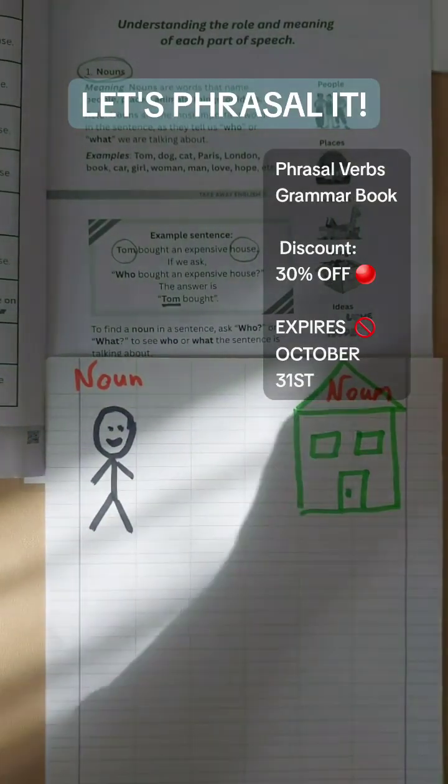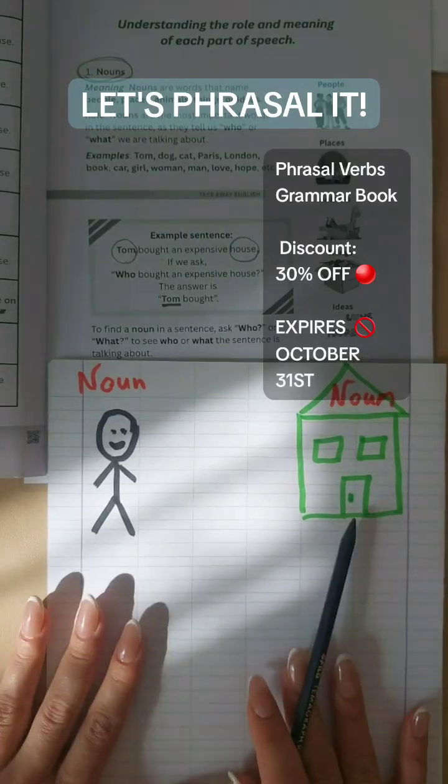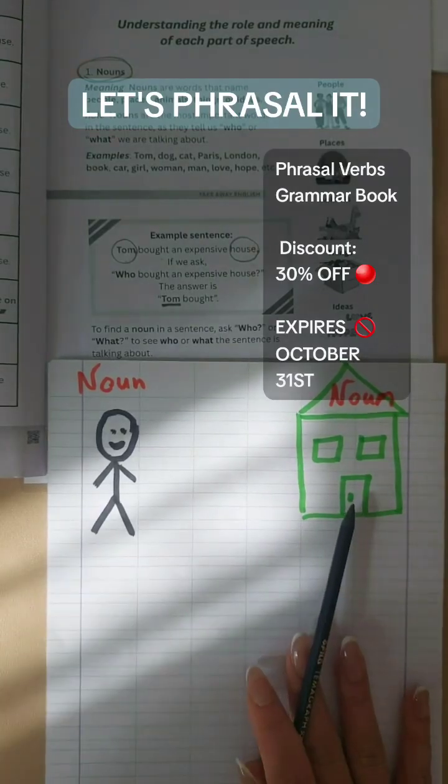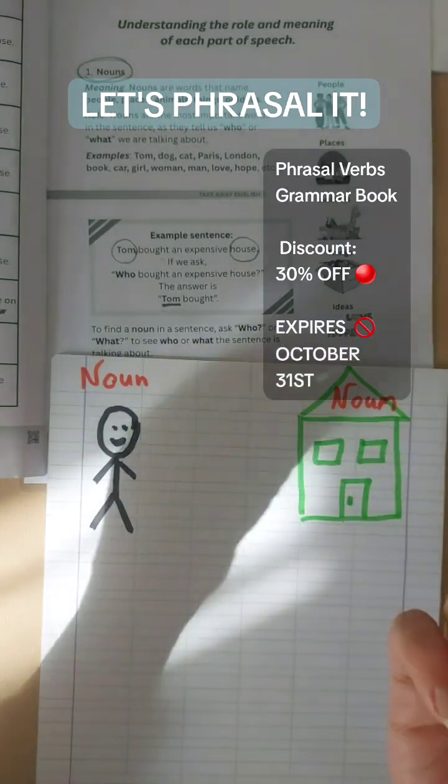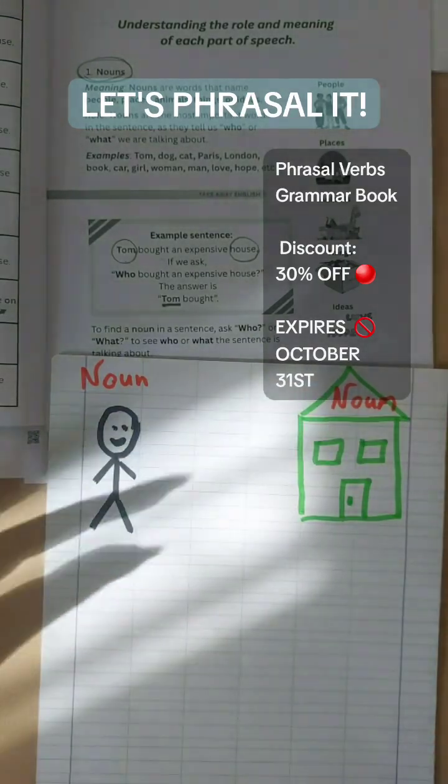Okay, so we already know that nouns are the most important words in the sentence, as they tell us who or what we are talking about.